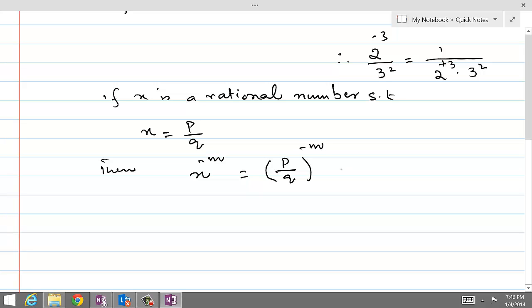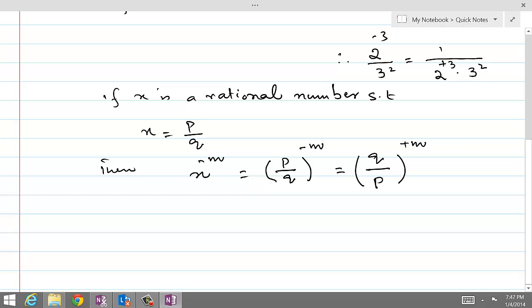Now, interesting property that we can switch the numerator to the denominator. Now here we can write q over p and change the sign, minus m to plus m.